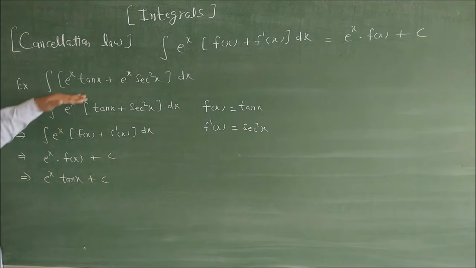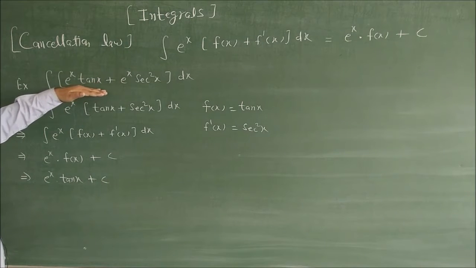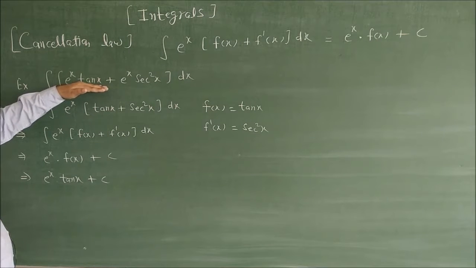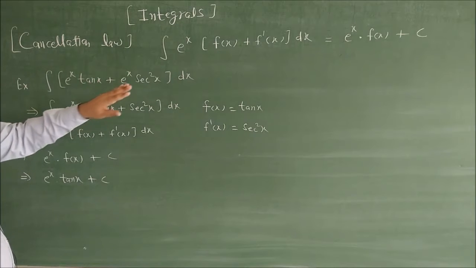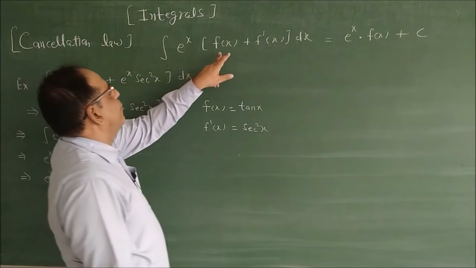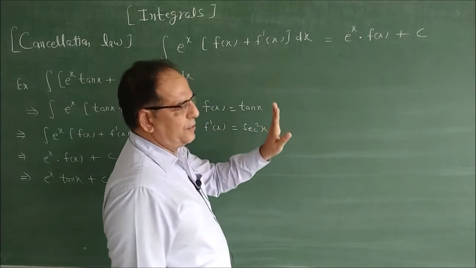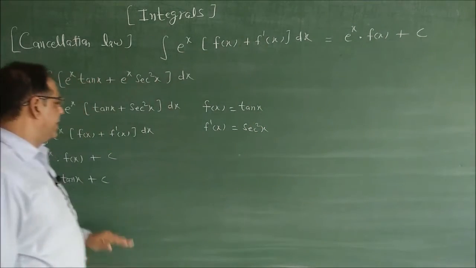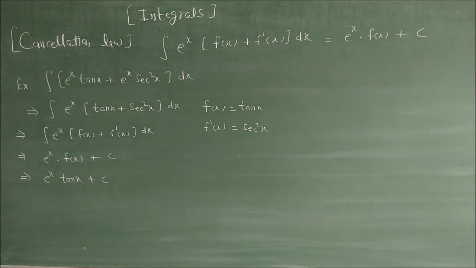This is the solution of this type of question, in which e to the power x is the factor and the multiple is a function plus the derivative of the function. So we can use the cancellation law for this type of question.